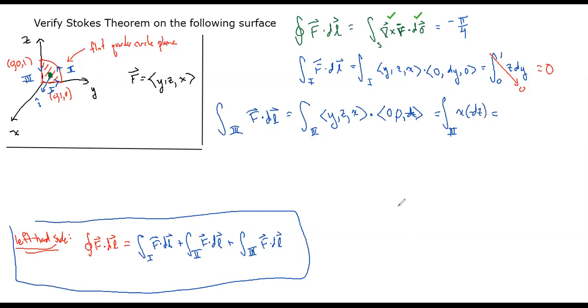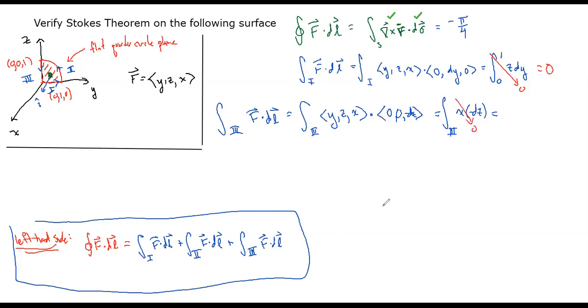What is the value of x along this path, and then what is my integral? It's going to be 0 again.